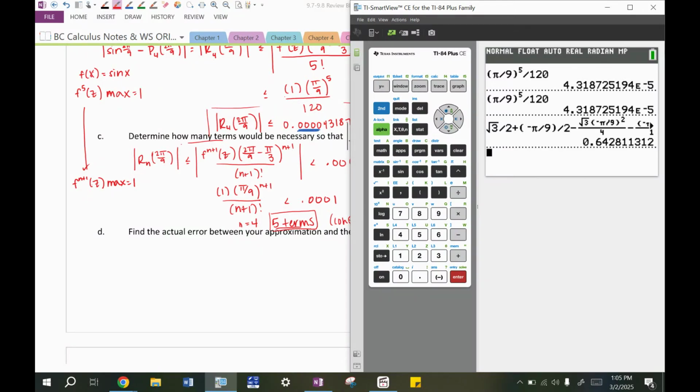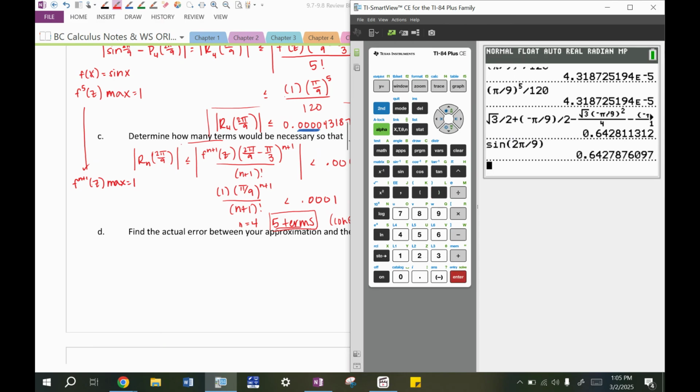So I'm in radian mode. I'm going to type in sine of 2 pi over 9. Oh my gosh, I'm having typing issues today. Okay, 2 pi over 9. This is the quote-unquote actual value.